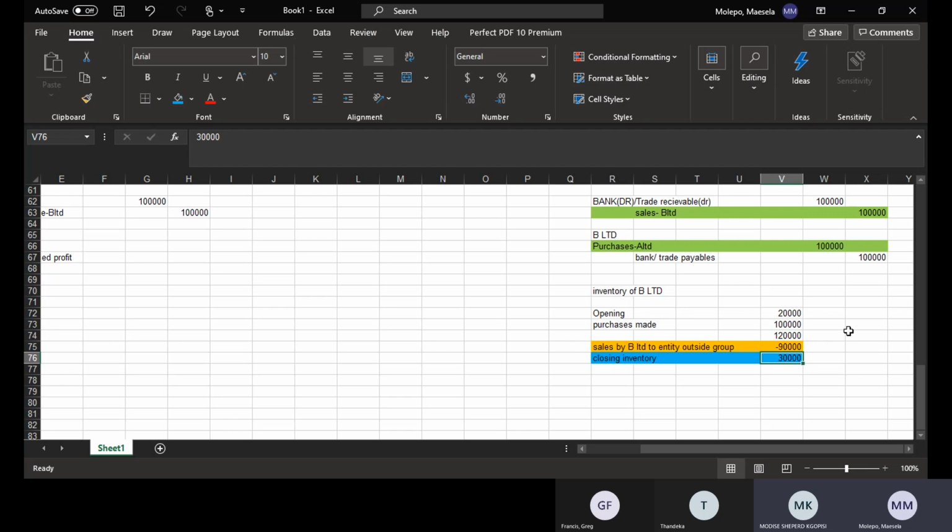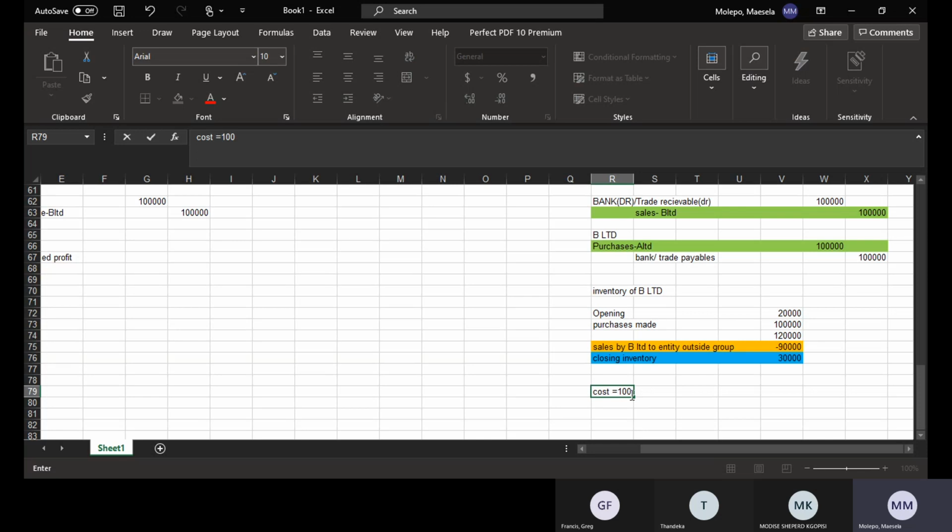So now we're going to say our 30,000 times 25, and then we divide by 125, because they told us that they sell at cost plus. So our cost normally is 100.